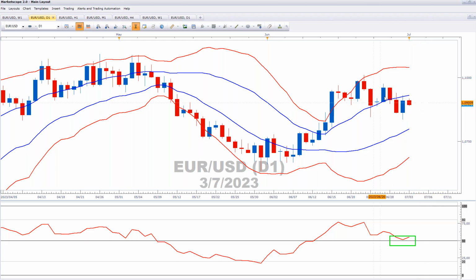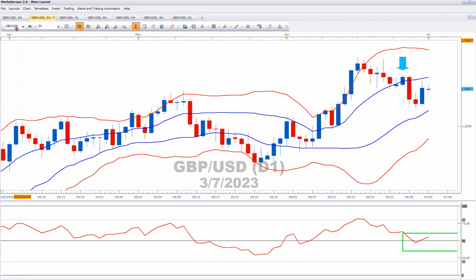Let's just take a look at cable, see what's happening on pound US dollar. Okay, just bringing up the pound US dollar here, and then we'll take a look at gold and DAX after.